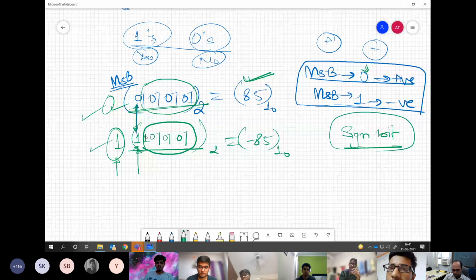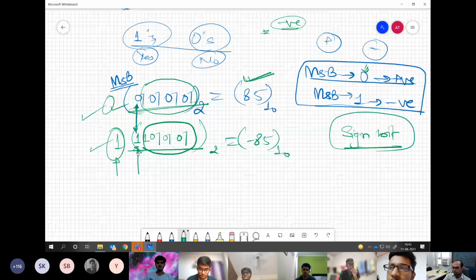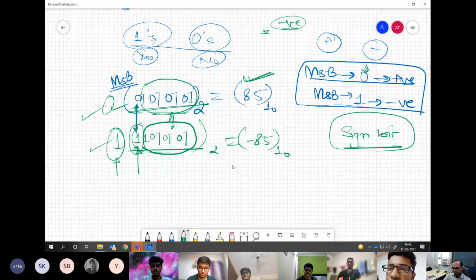So he is saying that if we have 1 in that position, then it should be like 85 plus 2 to the power 7. Yes, sir, exactly. But when we have such a number system where we have possibilities for negative numbers, we change our way of reading these numbers also. Here we have not gone by the conventional way of reading this. Here we are taking it as only sign. That's why I said this is magnitude, which is common in both the places.